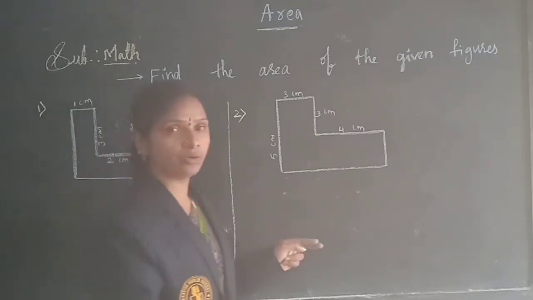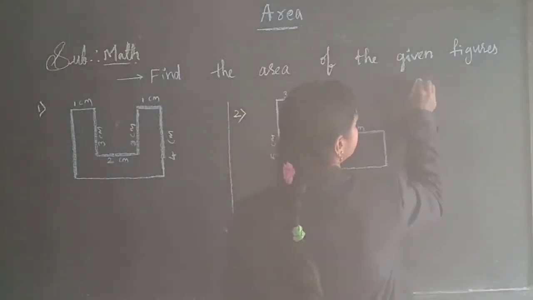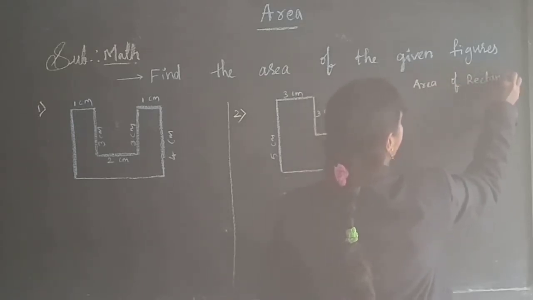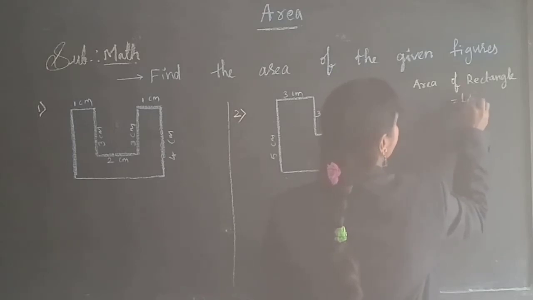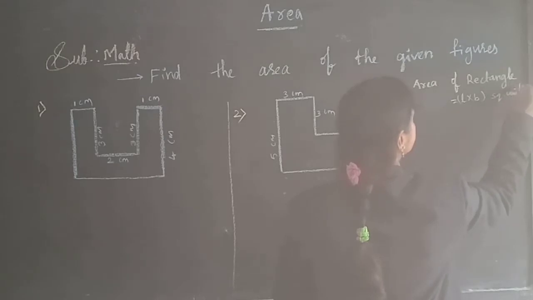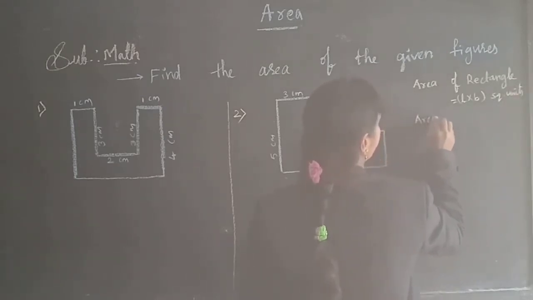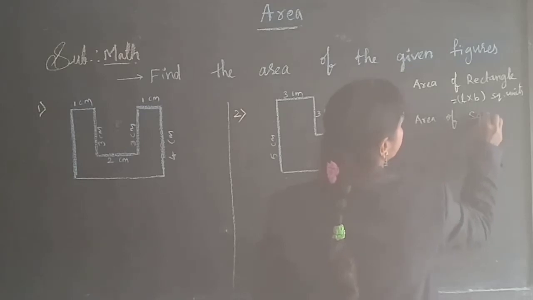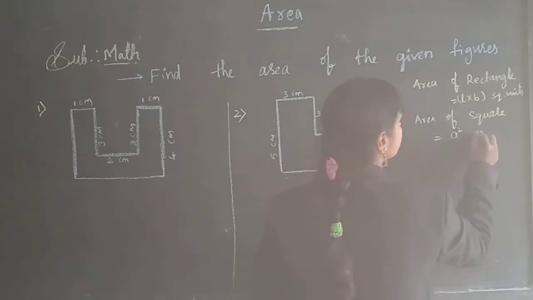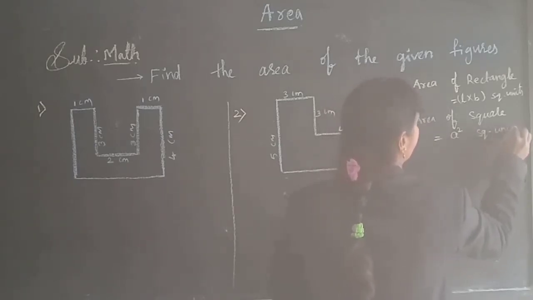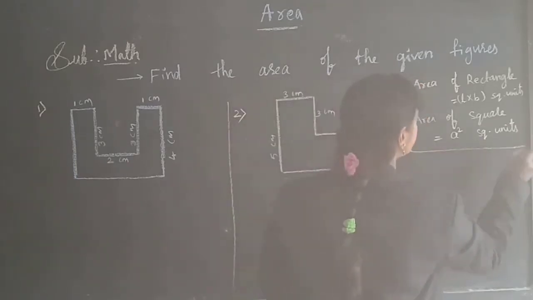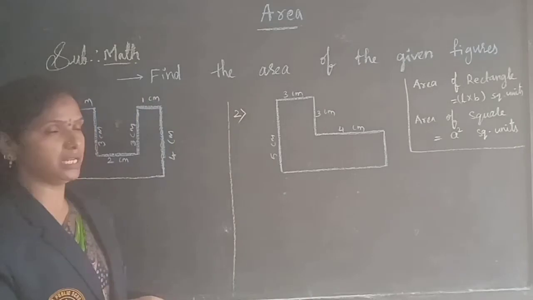To remind you, we will write here: area of rectangle is L into B square units, and area of square is A square, which is nothing but A into A square units. Let's use these formulas to find the area of the given shapes, children.